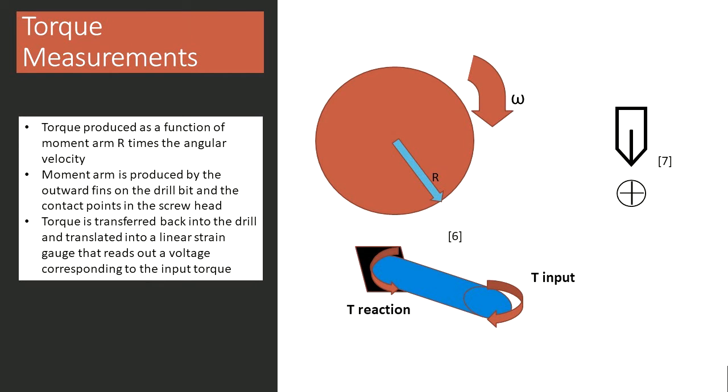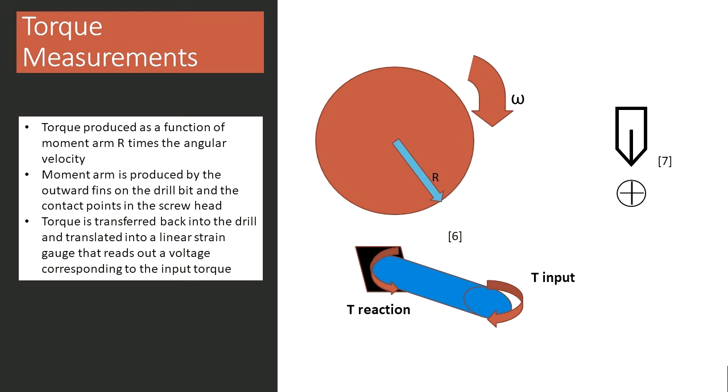So the math is pretty simple, as most of us remember from our mechanics and materials course or dynamics course. Torsion is produced as a product of angular velocity and the moment arm. In this case, the angular velocity is obviously the rate at which the drill bit is spinning, and the moment arm is produced from all the contact points on the fin of the drill bit and the inside of the bolt head.